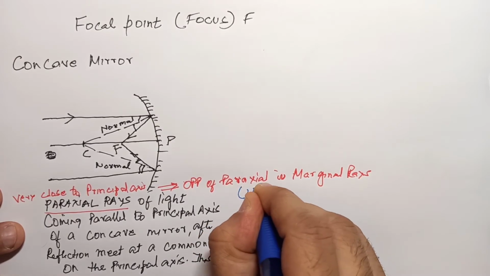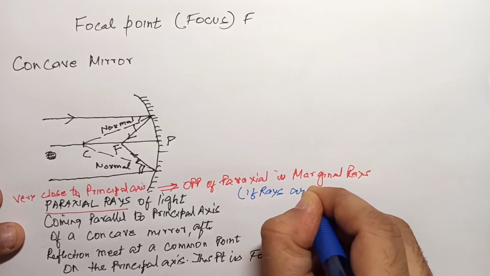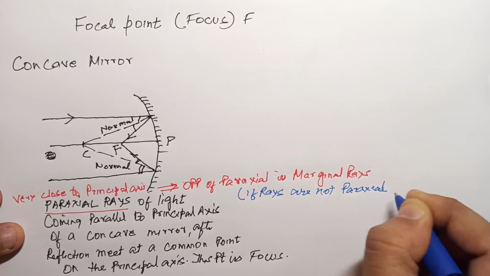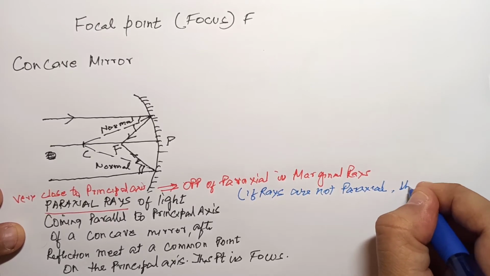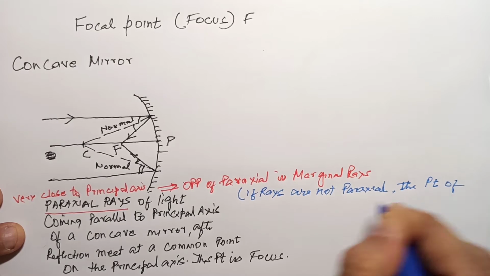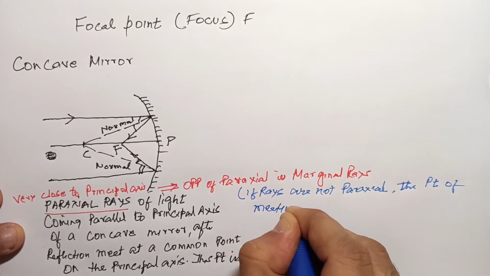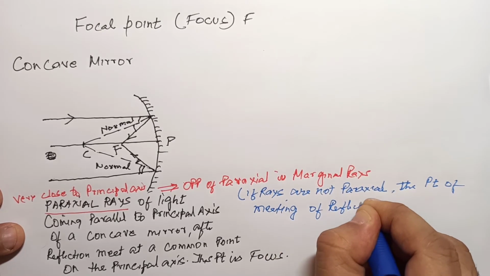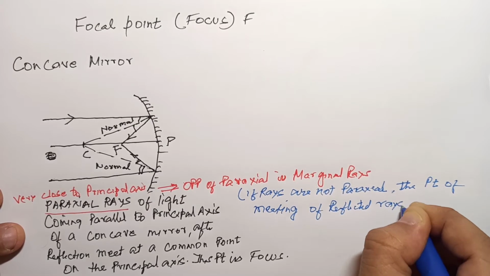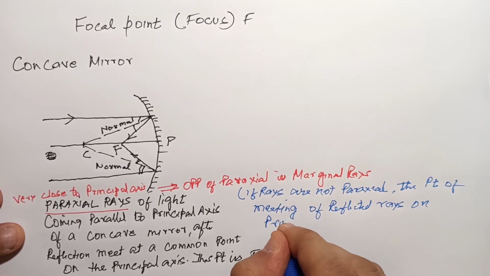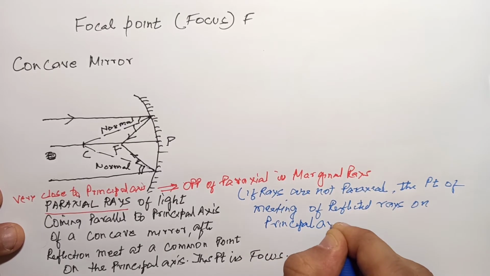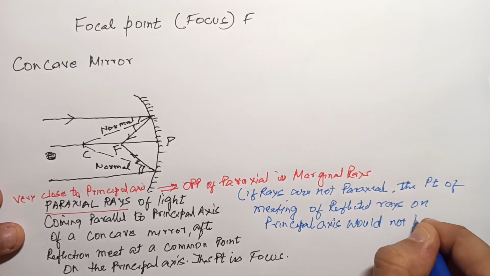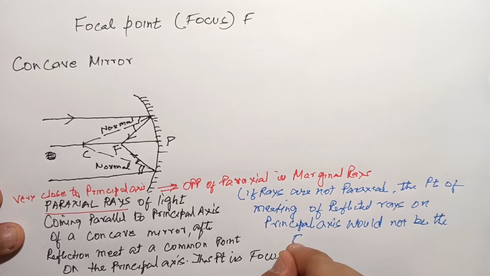If rays are not paraxial, the point of meeting of reflected rays on the principal axis would not be the focal point.